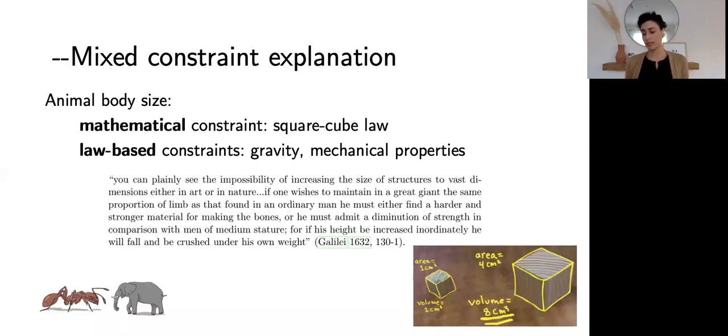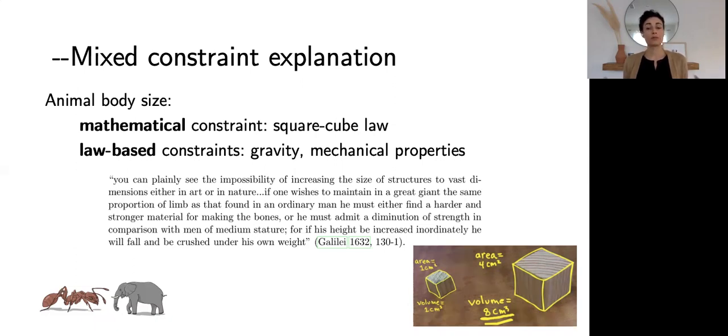We see this discussed by Galileo in his examination of this constraint as it limits the creation of not just animals, but different types of products in the context of engineering. So this reasoning is going to relate to claims that our fictional Godzilla character and elephant-sized ants are both impossible.